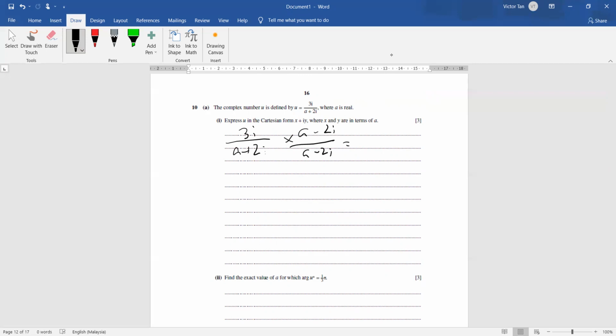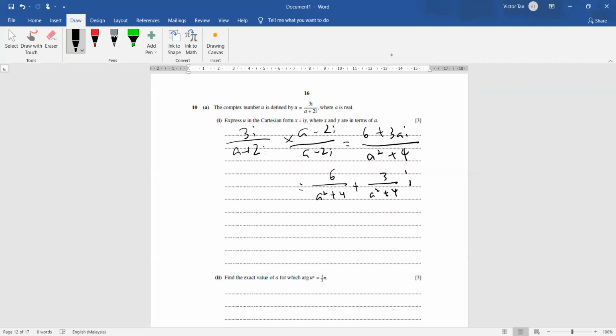So this is 3i times minus 2i is 6 plus 3ai over a squared plus 4. So writing in the form that the question wants: 6 over a squared plus 4 plus 3a over a squared plus 4 i.